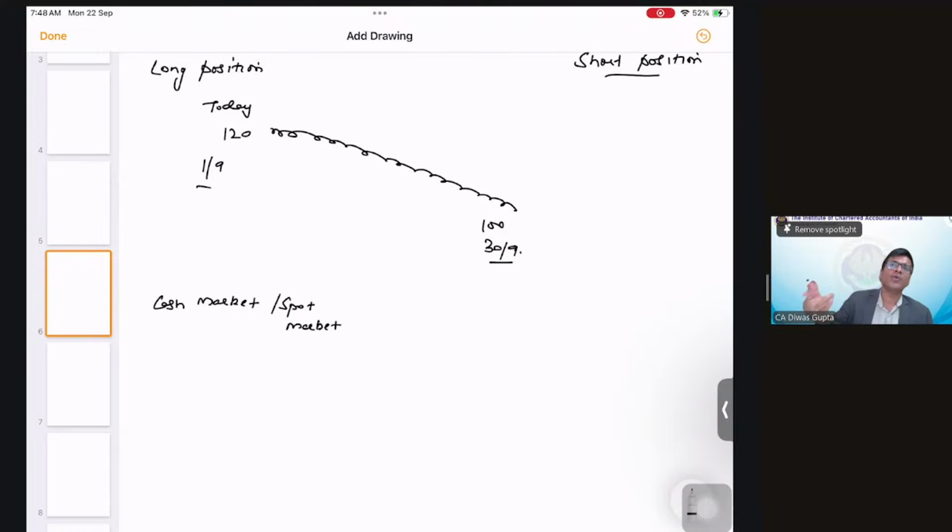You cannot sell what you don't have today, because for this the settlement will happen on 2nd or 3rd, wherein you will receive the amount of 120 from the buyer of this transaction and you will have to give one share on this date to the buyer, but you don't have the share today, right? So is it possible for the underlying?